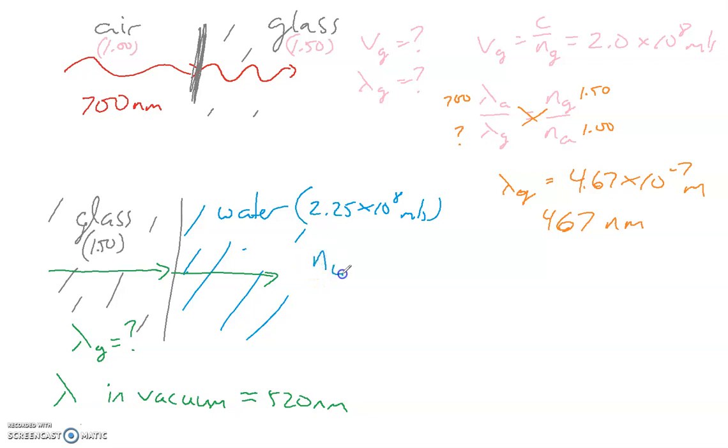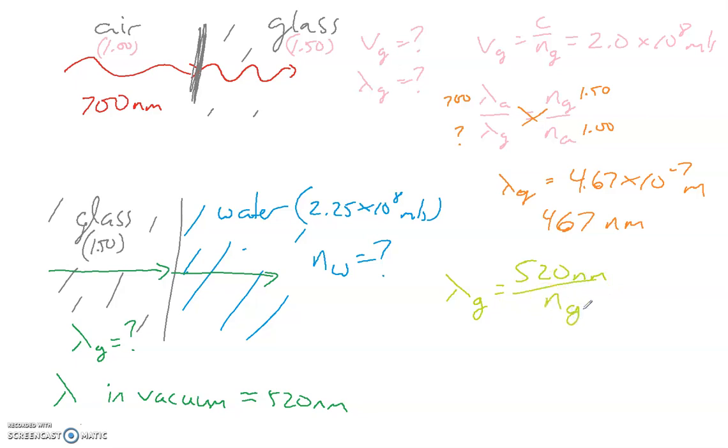Okay, and we will find out what the index for the water is. So there's two things we're going to find: what is the wavelength in the glass, and what is the index for water? Well, let's start with the wavelength for glass. The wavelength for the glass will be the wavelength in a vacuum, which is 520, divided by the index for glass.